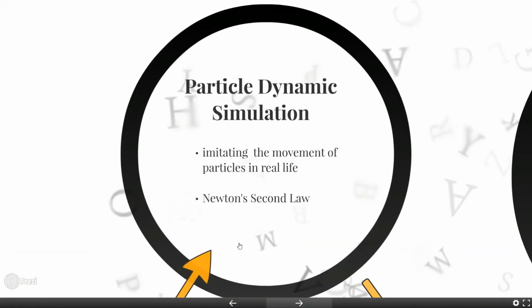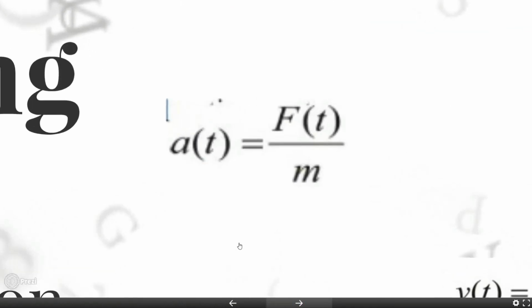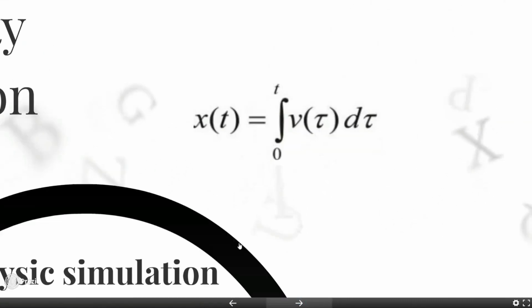Particle dynamic simulation is basically a process of imitating the movement of particles in real life, which follows Newton's second law, F equals ma. The particle dynamic modeling will compute the particle acceleration, particle velocity, and also the particle positions.